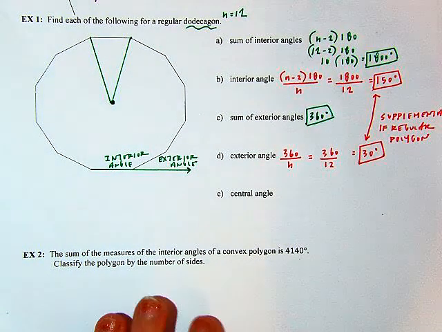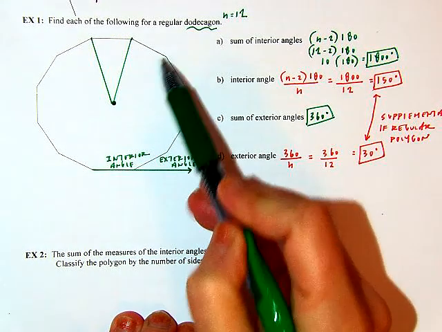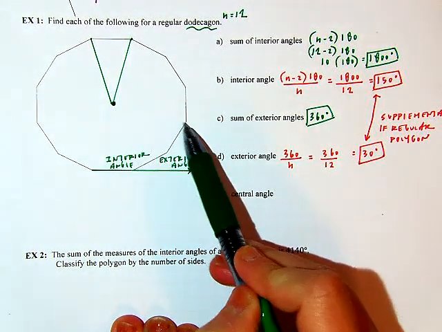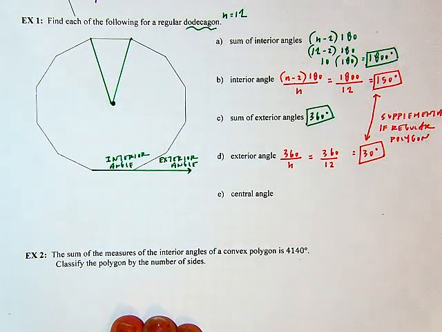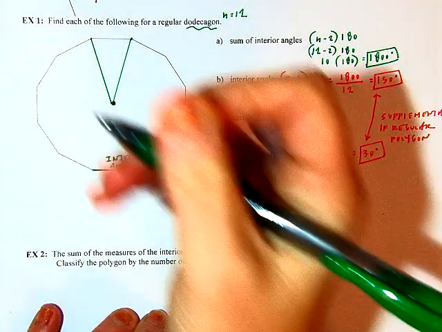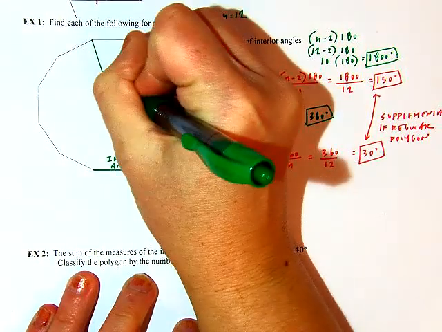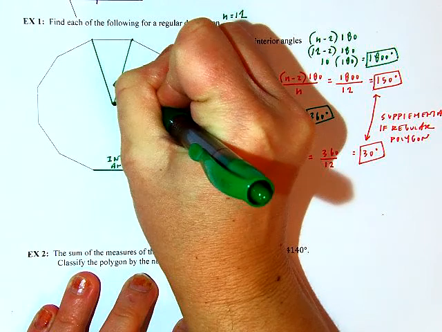I could do that same process with each of these vertices as it wraps around, and I would see that I have 12 congruent central angles. So right here is my central angle.